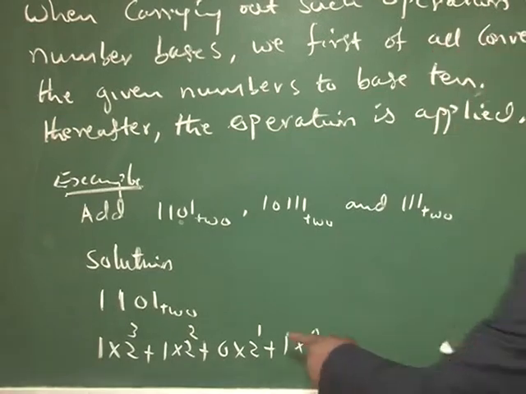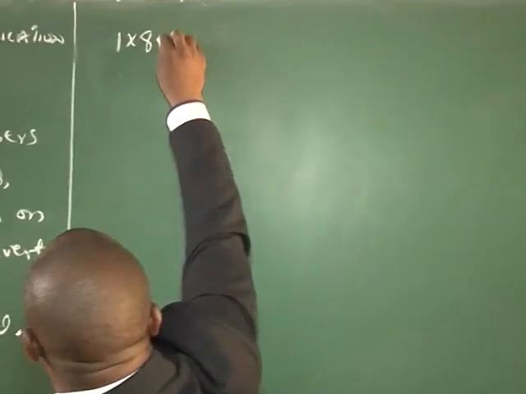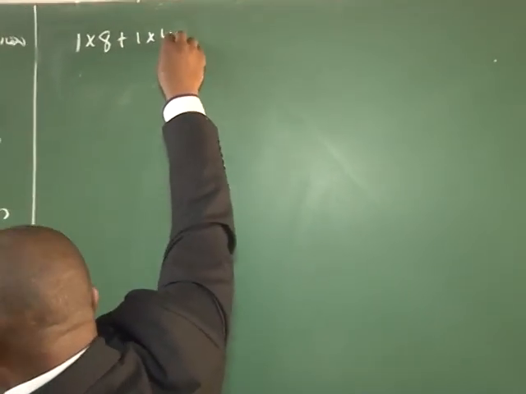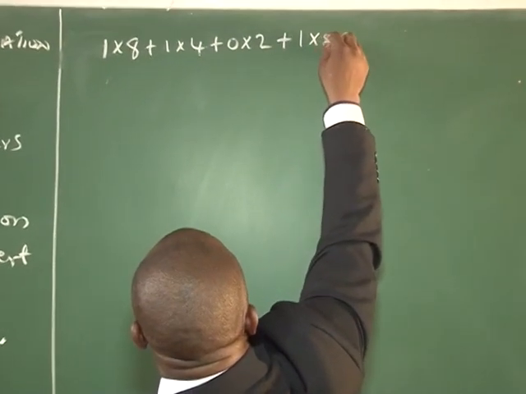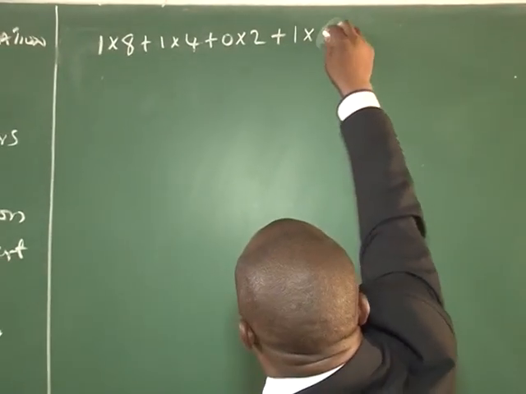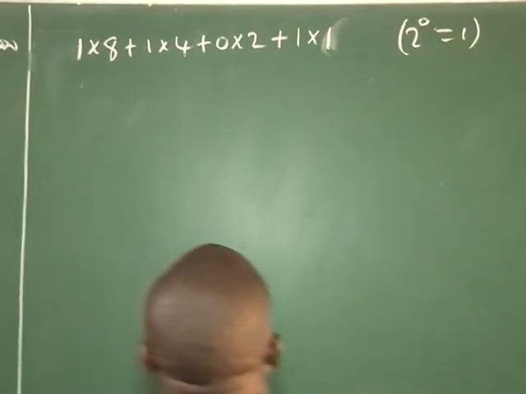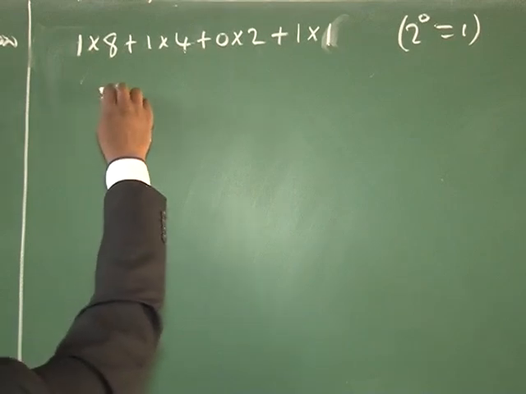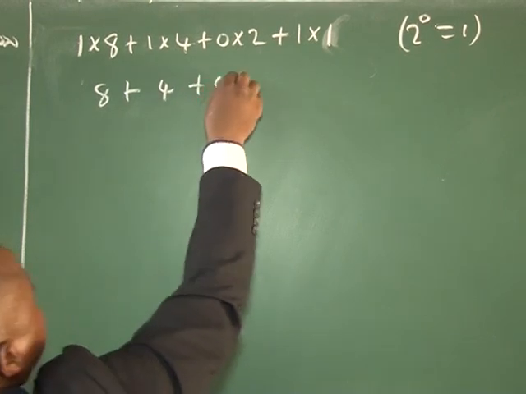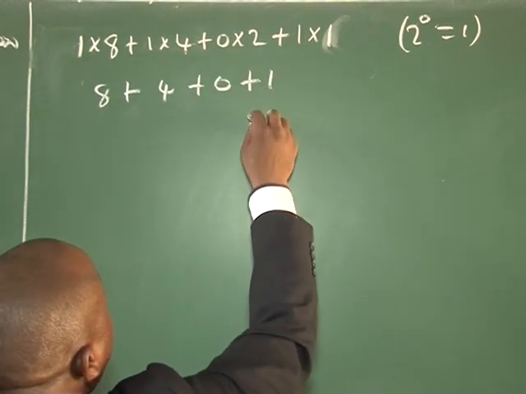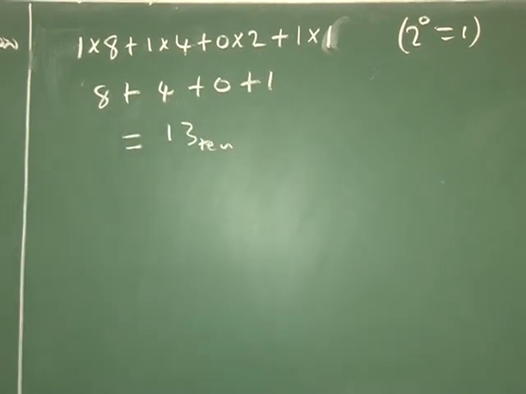So if we do that, we then have 1 times 8, that is 2 raised to the power 3, plus 1 times 4, plus 0 times 2, plus 1 times 1, because 2 raised to 0 equals 1. Now, this gives us 8, this is 4, plus 0, plus 1. This is equal to 13 to base 10.